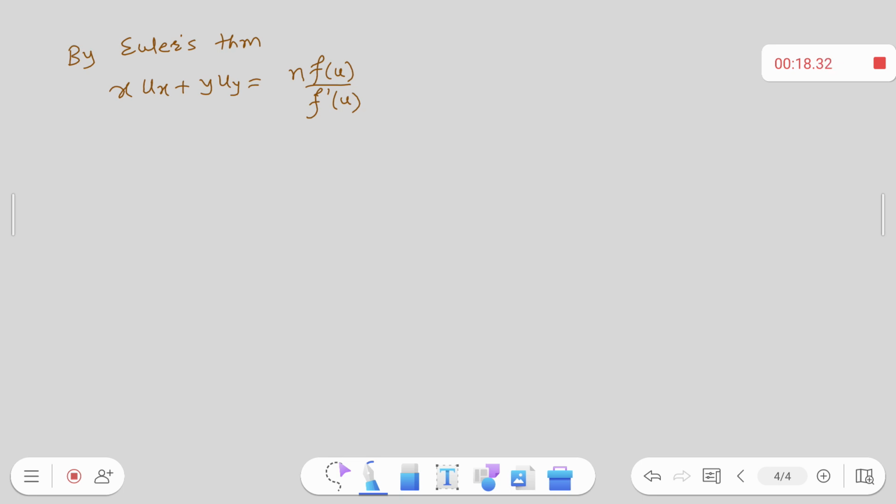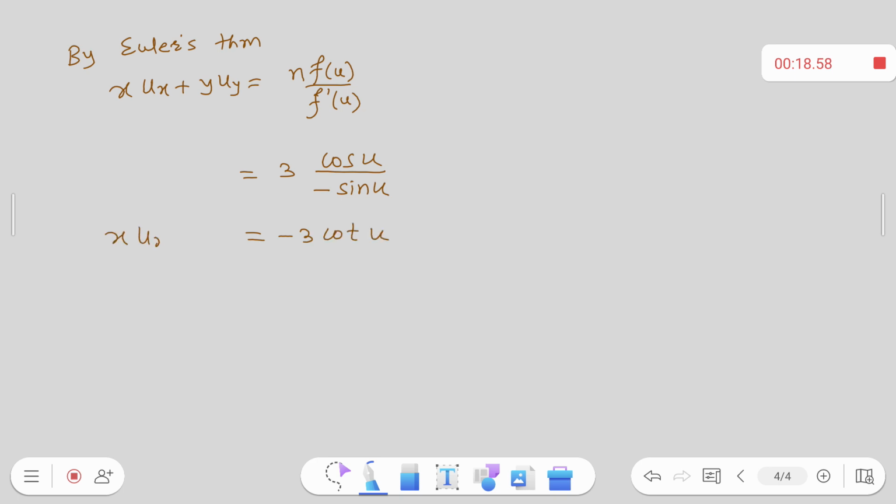So put n and the function. n is 3, the function of u is cos u, and as we know the derivative of cos is minus sine. So minus 3 cot u.